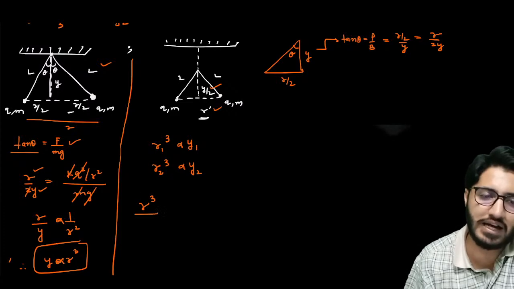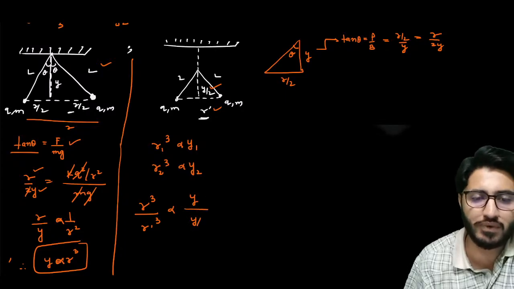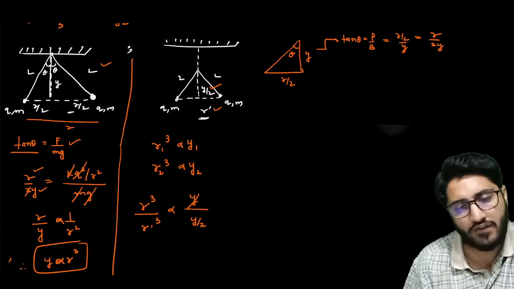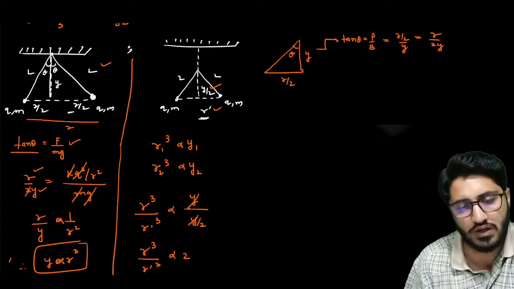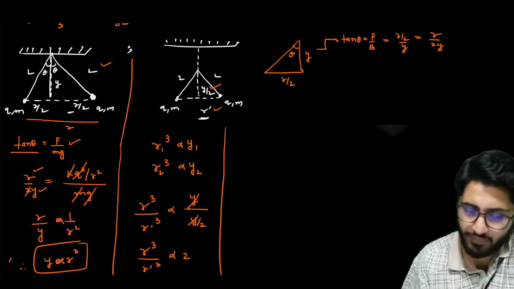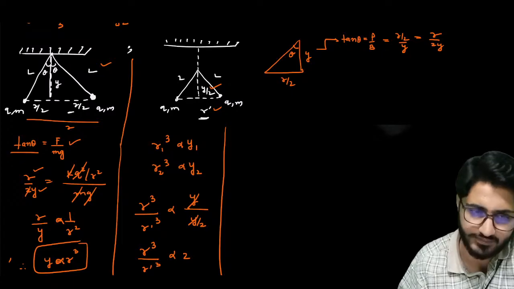I will take divide. R2 is how much? Sir, r dash cube, proportional to. Sir, y1 is only y, and y2 is how much? Y by 2. Y cancels out. So I can write r cube divided by r dash cube proportional to how much? 2 only. It is 2 only, no?